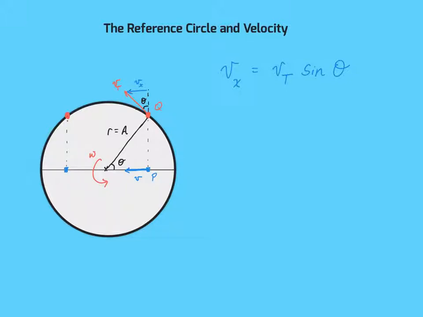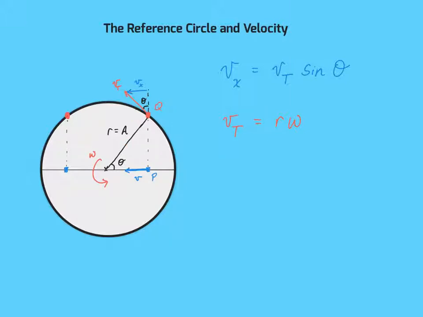Now, we can relate tangential velocity to angular velocity because we know that tangential velocity is equal to r omega, which is our angular velocity. Now, we don't want to use r, but we do know that r is equal to the amplitude.